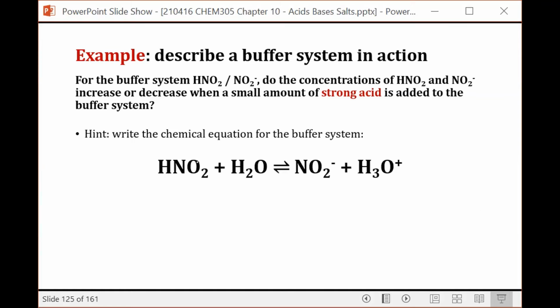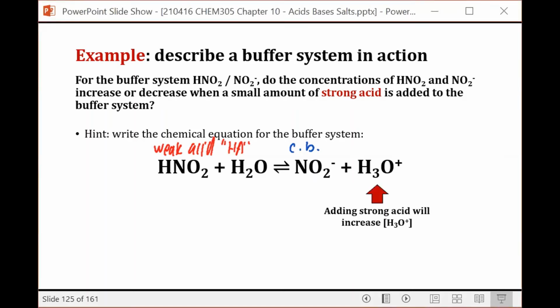So here's our equation. We have nitrous acid, that's our weak acid, plus water. It's like HA in our general equation, plus water is in equilibrium with the conjugate base of that weak acid, so that weak acid minus one proton. We're just going to label that Cb for conjugate base, and hydronium ion.